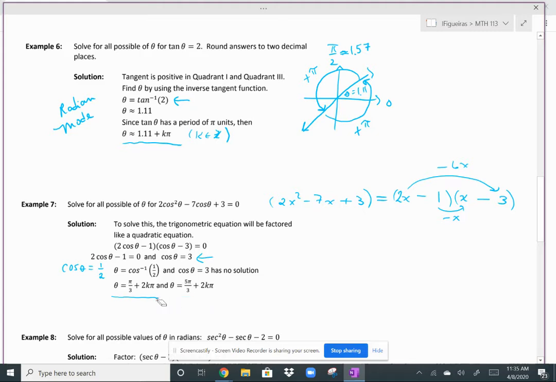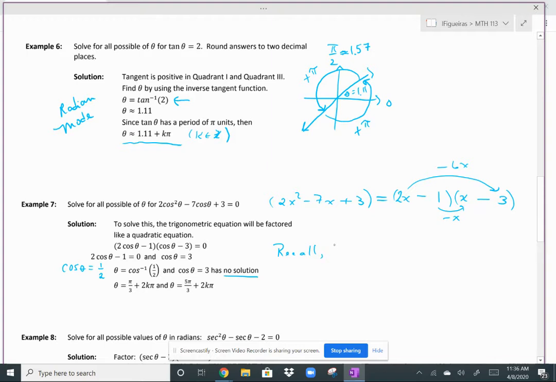Okay, but we still had this other factor, cosine of theta is equal to 3. Cosine of theta equal to 3 has no solution. And if you actually plugged it into a calculator, did cosine inverse of 3, your calculator should give you an error. And that's because, if you recall, this is just a reminder of something we did in the last chapter that we worked on.